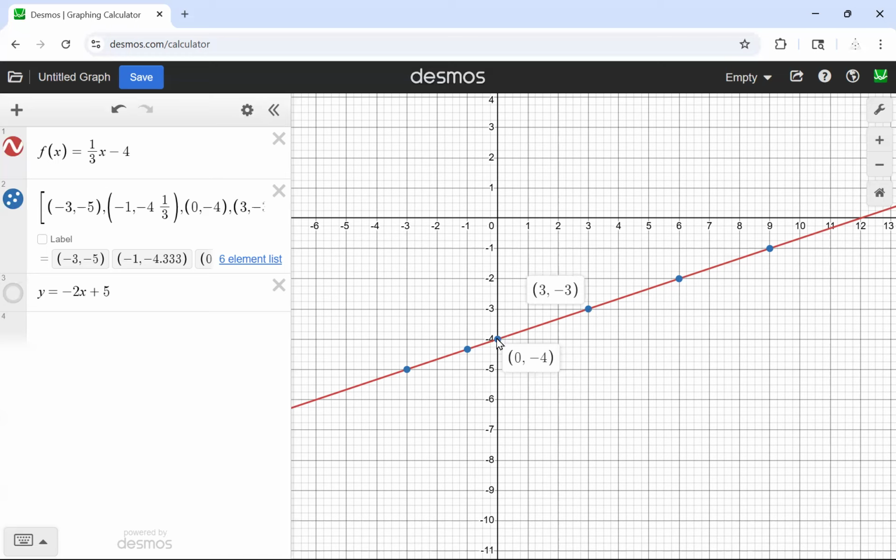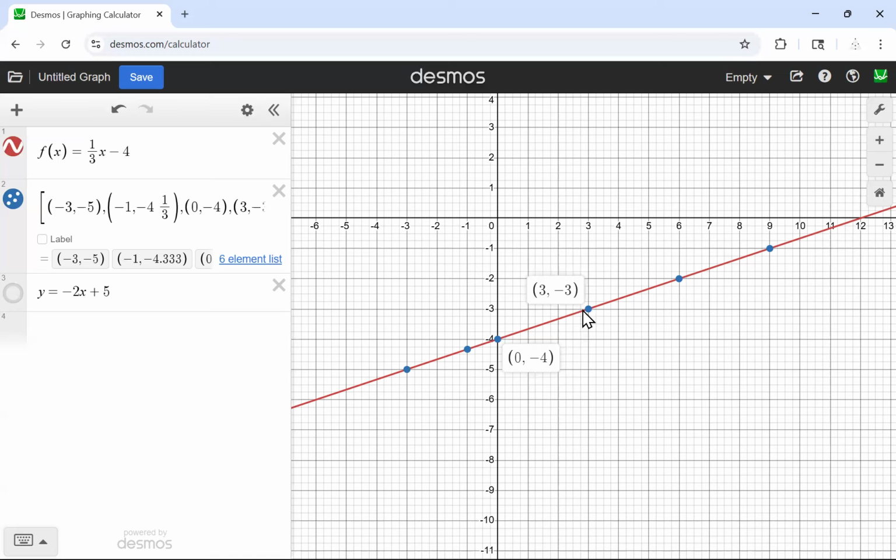Therefore, the change in y is going to be 1, and the change in x is going to be 3. So the slope of this line is 1/3, which happens to be that number out in front of our x.